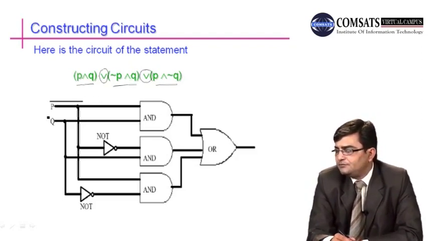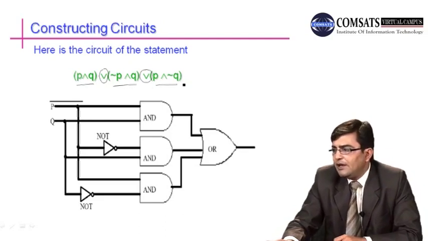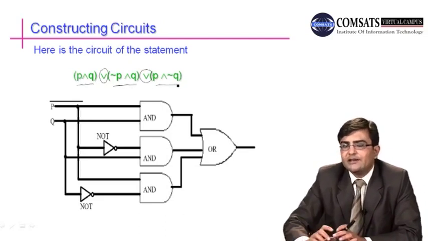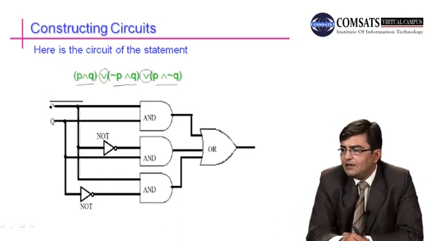To construct a circuit for this expression, first we need P and Q, not P and Q, P and not Q, and then we shall connect them all together. So first we have written P here, Q here, and then we draw lines, this and this.